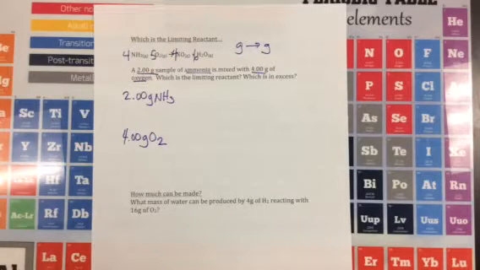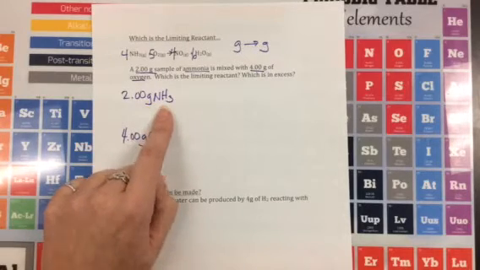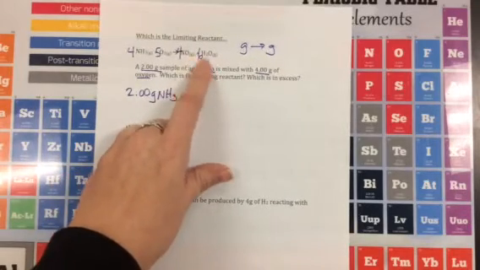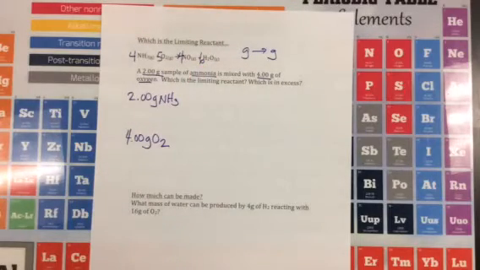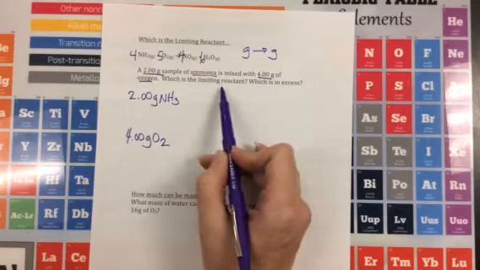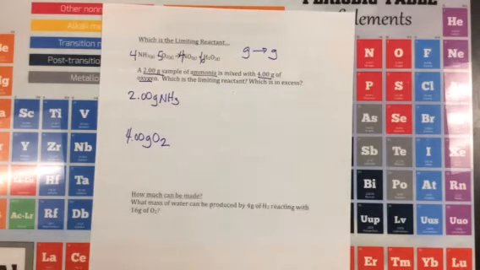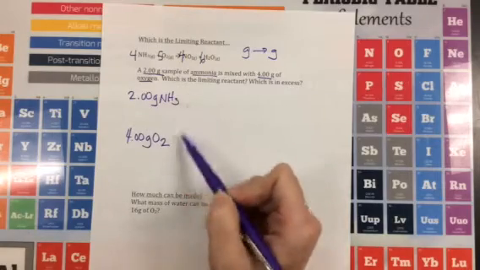So in order to do this problem, what we're first going to do is take grams of ammonia and figure out how many grams of one of the products you can make. It doesn't specify which one to choose. So because it doesn't specify, choose one and stick with that one for every problem that you do. So you're going to use it for both of these 2.